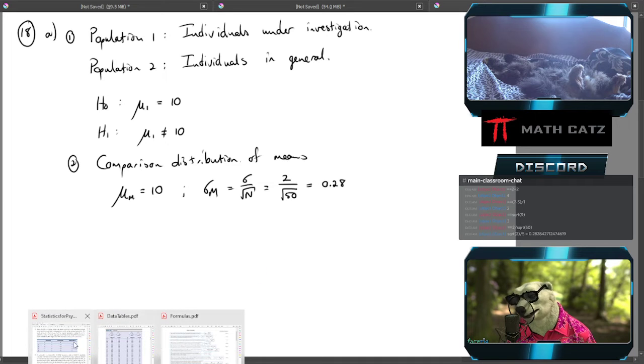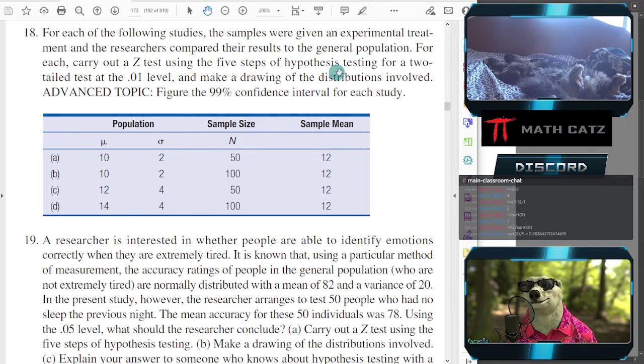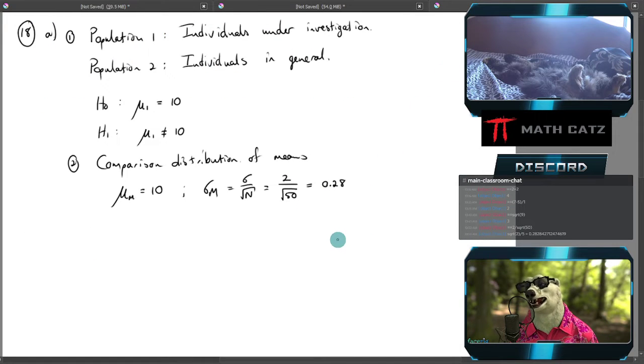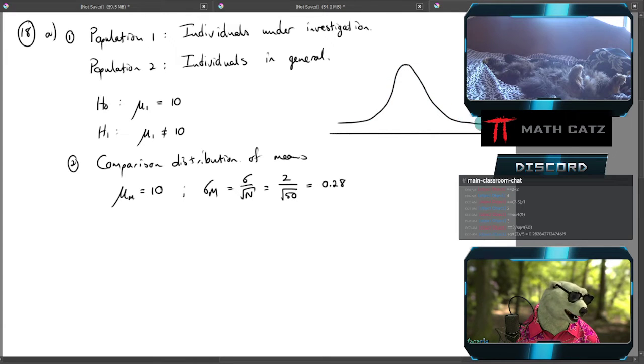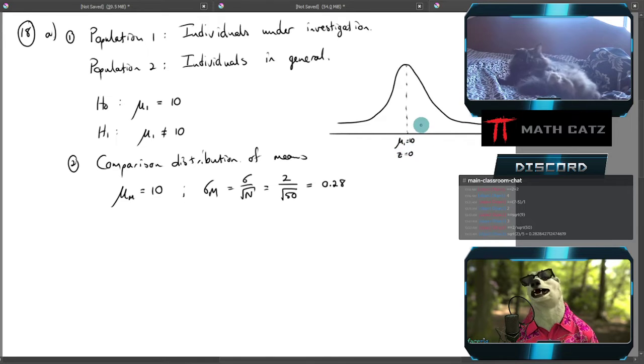When did they say we should sketch it? Doesn't really say. Make a drawing of the distributions. Okay, so we could do that now or later. Why not squeeze it in here? All right, so my comparison distribution, I'll do it over here. I have space over here. It's centered at the same mean under the null hypothesis, which will be here at 10 or a 0 z-score, whichever one you want to write down.